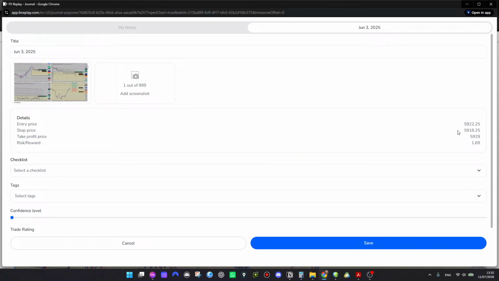So we see the entry price, stop price, take profit price, the risk reward. Checklist.